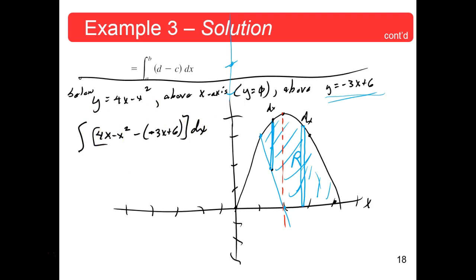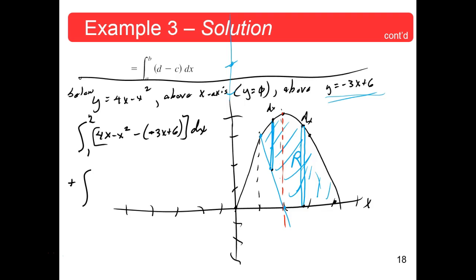Now, what are the limits on x that you're going from and to? No, x. You're going from 1 to 2. Okay. There's the first part of that area. The second part of the area is going from the parabola to 0.